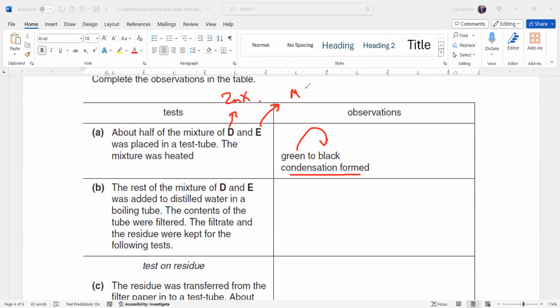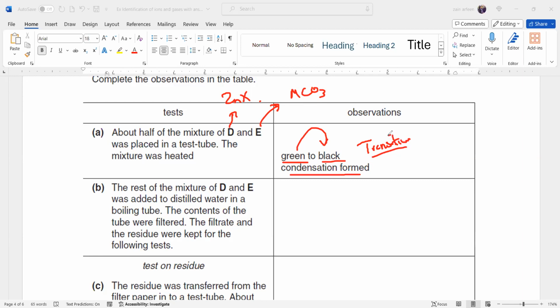And E is a metal carbonate. So because it is a colored salt, this gives an idea that this salt contains a transition element or a transition metal. Because transition metals always form colored compounds.